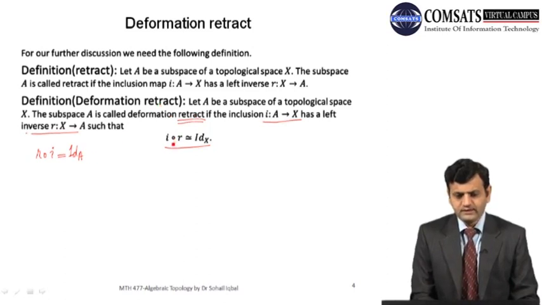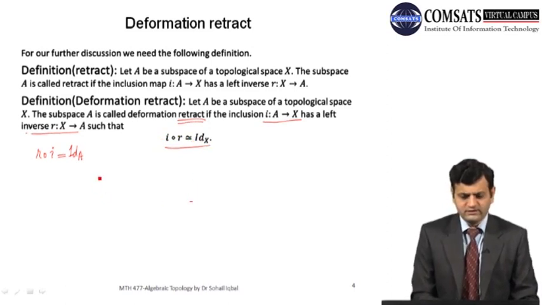Moreover, this map, so first apply R on X and then go to A, and then embed this A into X, then this map is basically homotopic to the identity of X.